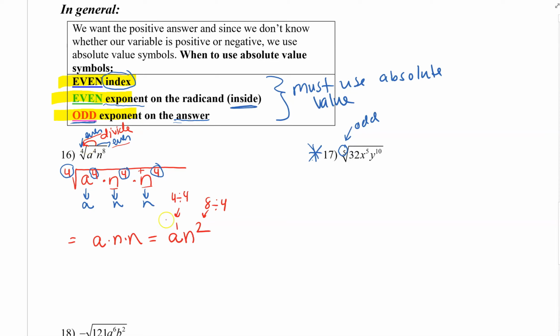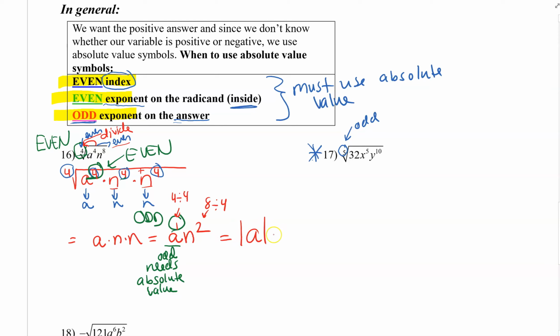Now this one ended up being odd, right? a to the first ended up being odd, so that's the one that needs absolute value, because it began with an even index, it continued with an even power under the radical, and then it finalized with an odd. It went from even to odd. So that's the one that will need an absolute value. So the final answer for this would be the absolute value of a times n squared. That's our final answer. We only put absolute value around the one that needs it, okay?